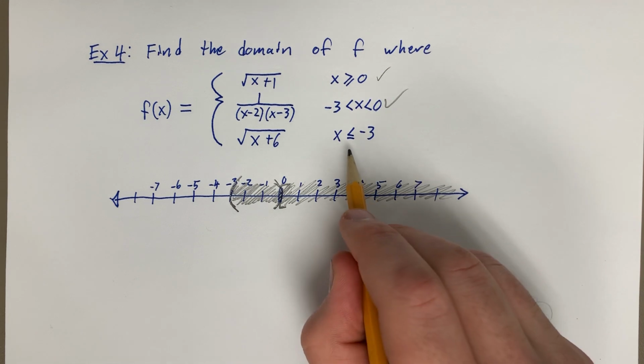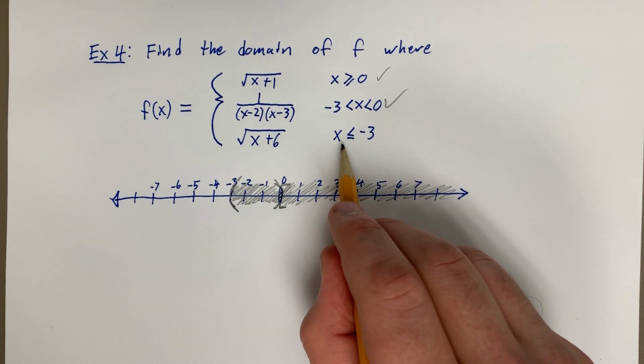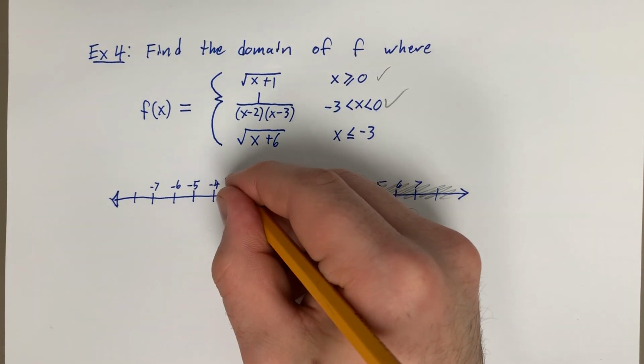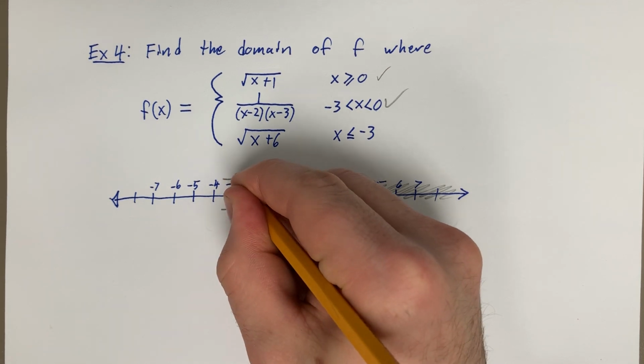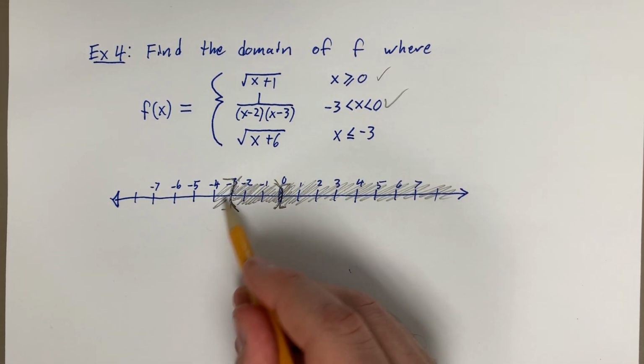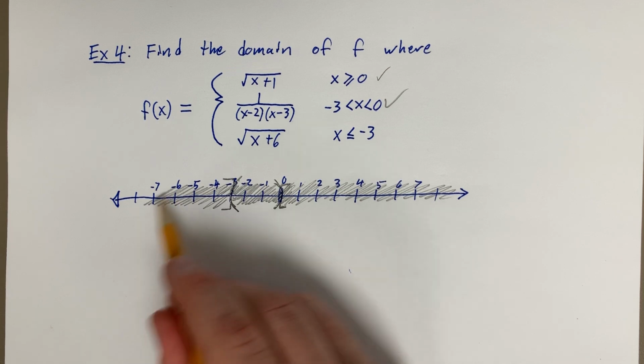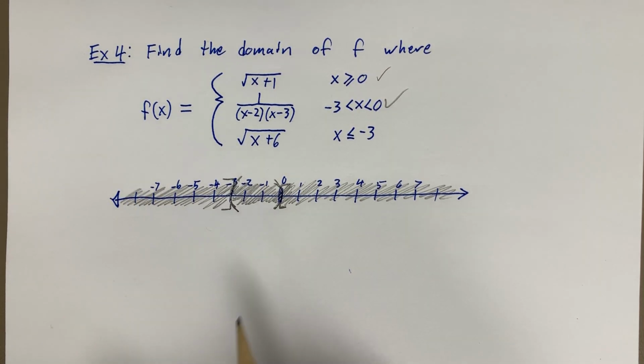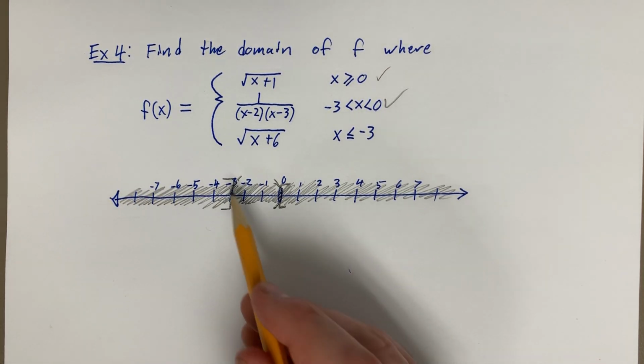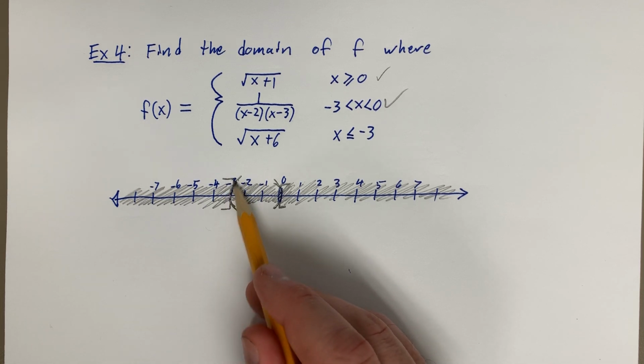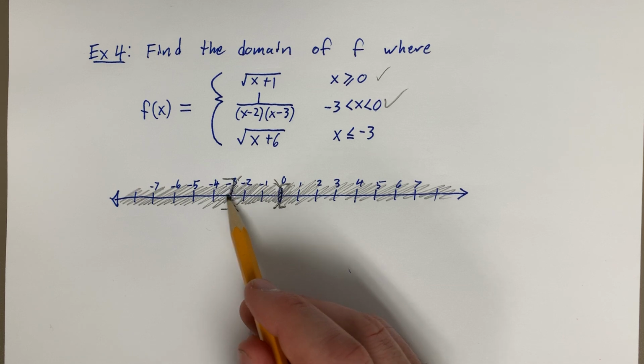Boom. Now, x is less than or equal to -3. So I'm going to put a square bracket at -3 and then shade less than it. Since the round bracket here meets up with a square bracket, -3 is included.